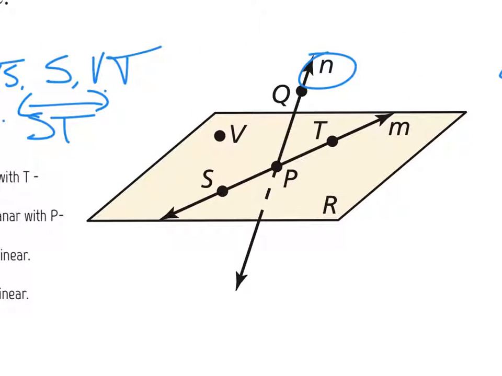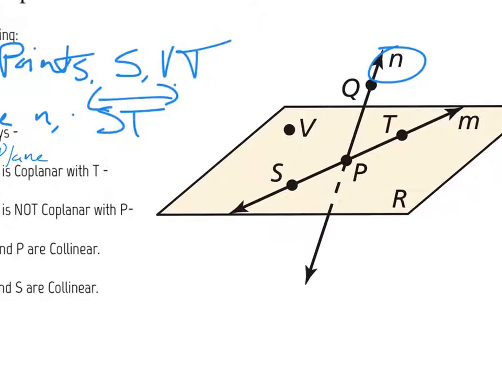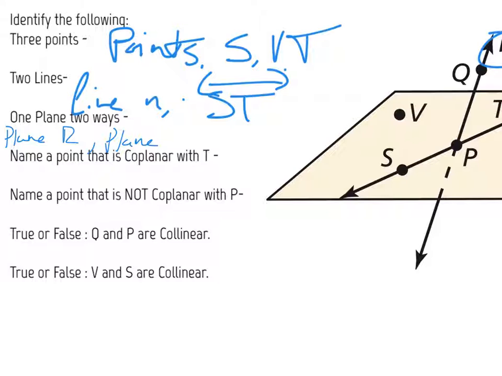So as long as you don't say SPT, you're probably okay. You could say SVT, SPV, as long as you don't say Q in there, you're okay. So there's lots of different ways we could name this. I'm just going to say SVP. Those are my vertices that I want to name that plane with. Again, you need at least 3 to name a plane.